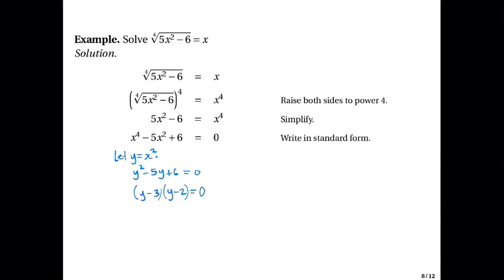But then again, what is y? Y is x squared. So this is just x squared minus 3, times x squared minus 2 equals 0.